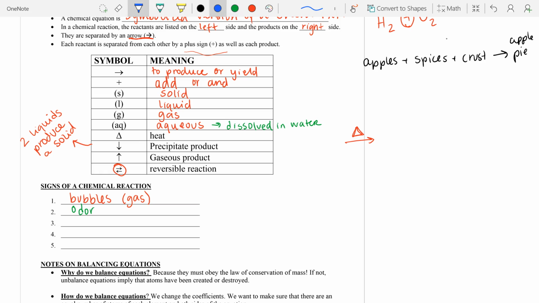So we have bubbles, odor, a change in temperature that's unexpected. Just because you put something on the stove and you heat it up doesn't mean it's a chemical reaction. It has to be an unexpected change in temperature, whether it's either cooling down or heating up.